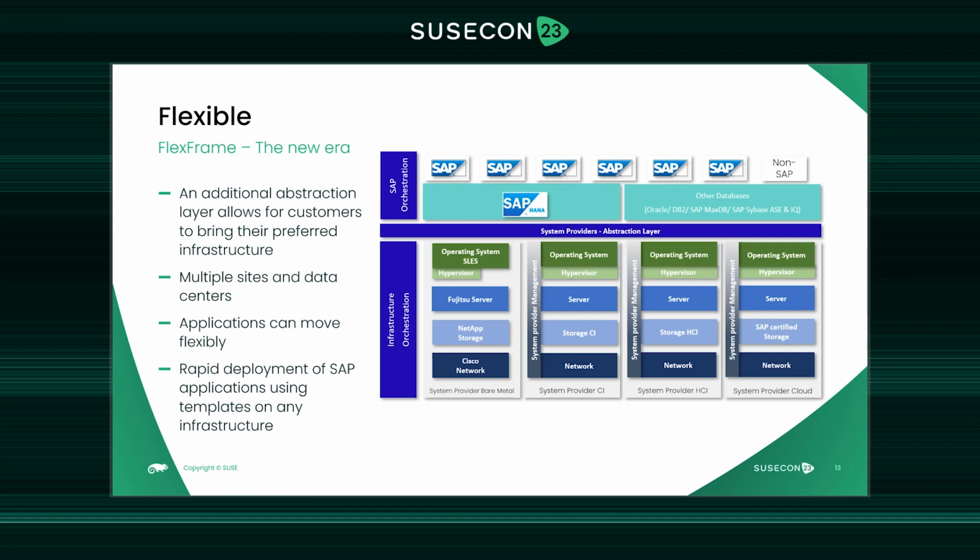Using templates, SAP applications can be deployed faster than ever in a now automated way. They can be deployed repeatedly on any kind of infrastructure, meaning on any system provider that you can see here. And they can be moved between these system providers.